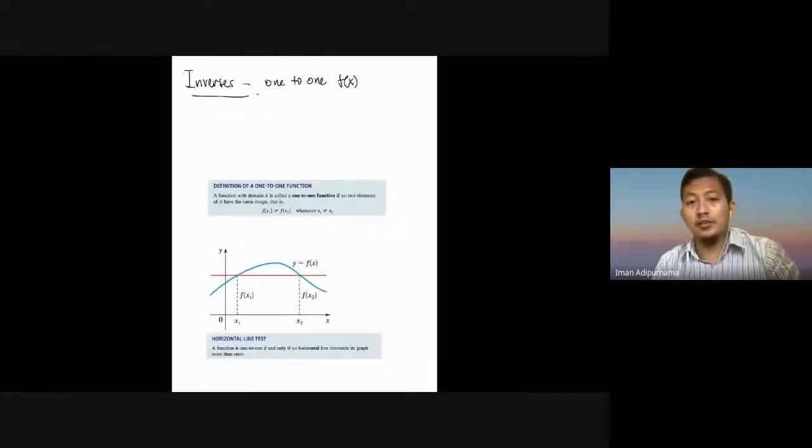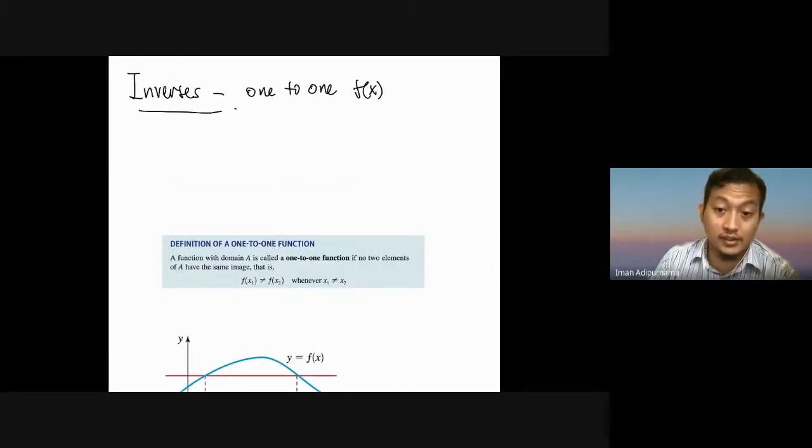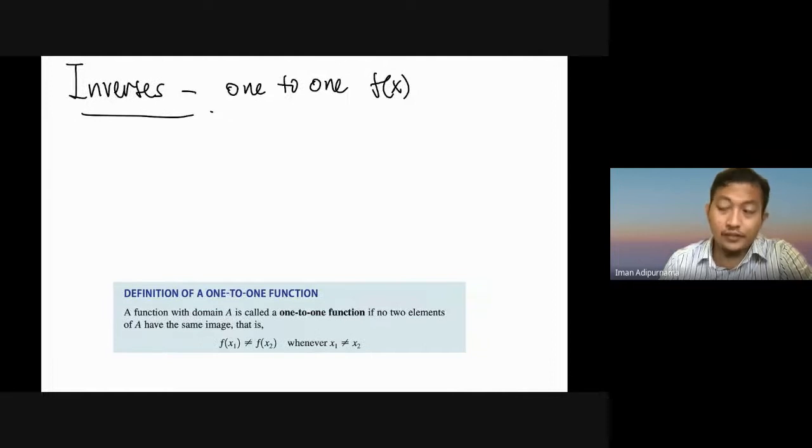I will go back to inverse, going into more detail, and this is also important to your calculus counterpart. Inverse or one-to-one functions and their inverse.